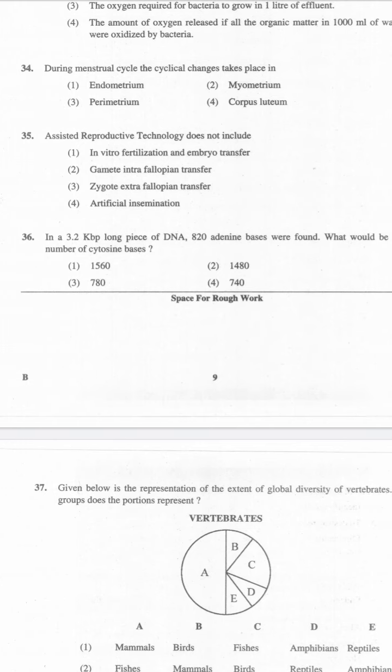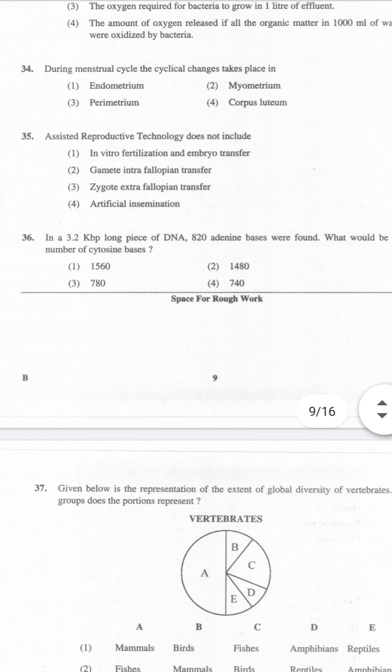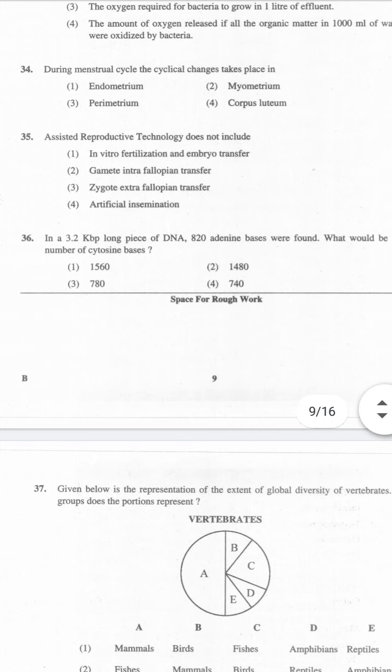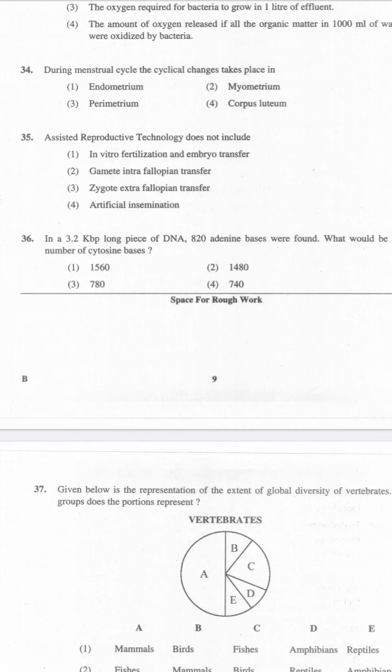1 kbp of DNA contains 1000 base pairs. So the total number of base pairs in 3.2 kbp is 3200 bp. According to Chargaff's rule, the number of adenine is equal to thymine. Is it clear? So if 820 base pairs are adenine, the number of thymine will also be 820.